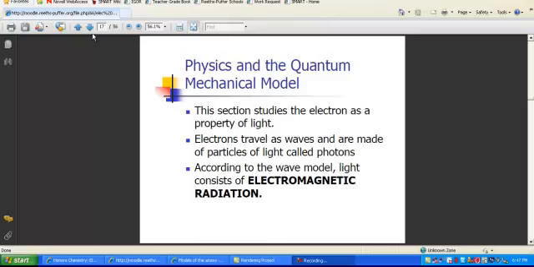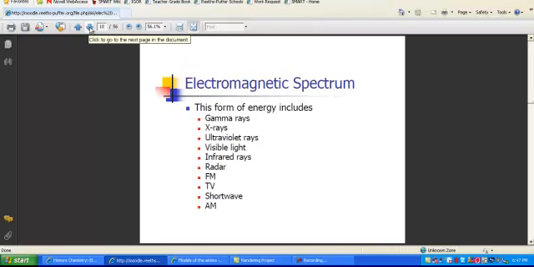And this might perhaps be a review from your physical science days or 8th grade science, perhaps whatever level of science you had, the electromagnetic spectrum. We're being asked to record some of those different forms of energy found in the electromagnetic spectrum. And just to kind of see this list: the gamma rays, X-rays, ultraviolet rays, visible light rays, infrared, radar, FM, TV, shortwave, and AM.